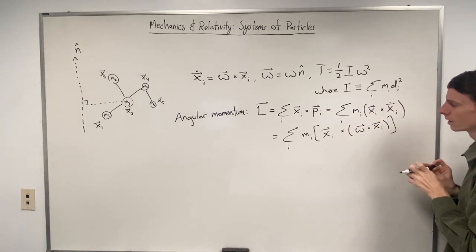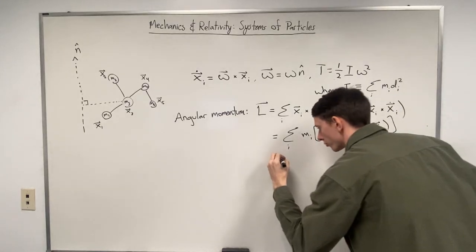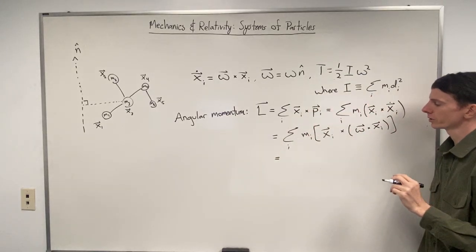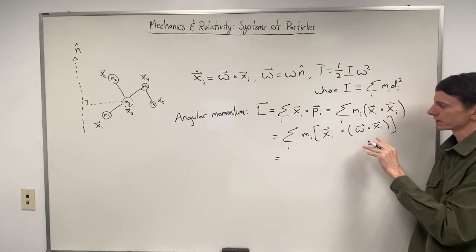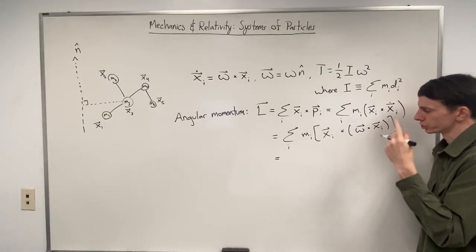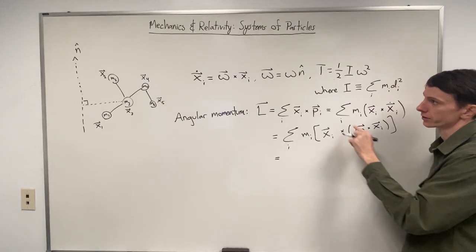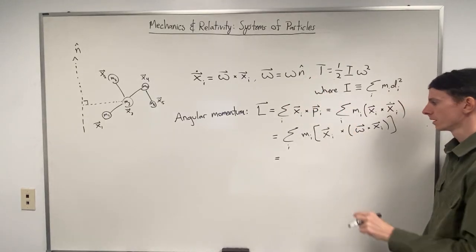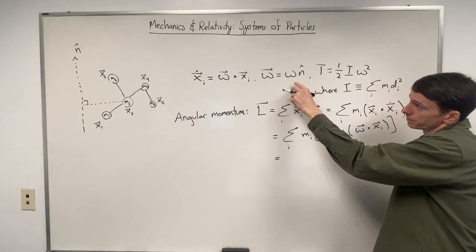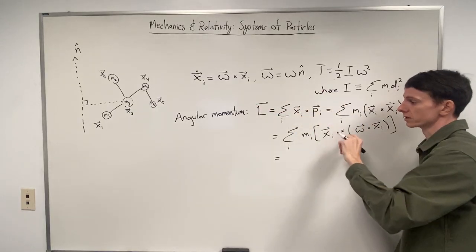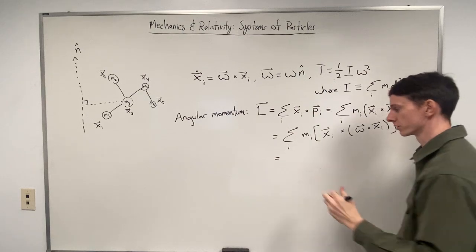Okay? Now, what we're going to do is sort of one further step, at least for now, is we're going to, well, first, use the fact that we're going to assume our angular velocity is constant. So we can write the omega vector as omega n hat. And again, because this is the same for each particle, this scalar quantity omega doesn't depend on i, so it can be brought out to the front.